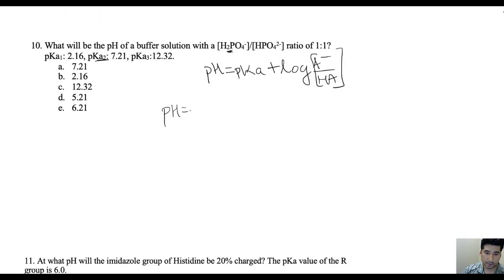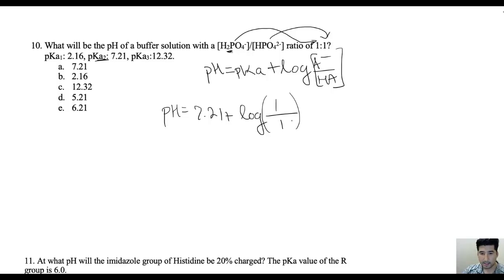So pH is equal to 7.21 plus log of, we have 1 of H2PO4 minus, and we have 1 of HPO4 2 minus. So log of 1 over 1. And if you took college algebra, you'll know that log of 1 is equal to 0.